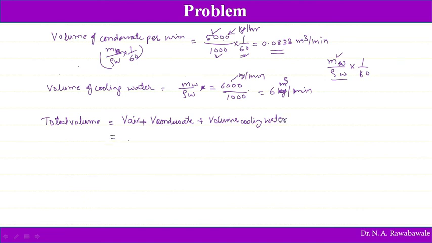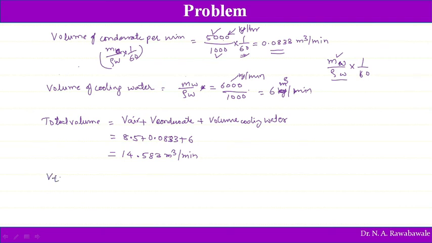The volume of air which we have calculated is 8.5, plus volume of condensate which we have calculated as 0.0833, plus volume of cooling water calculated as 6 meter cube per minute. So this will be 14.583 meter cube per minute. So now we know the total volume.